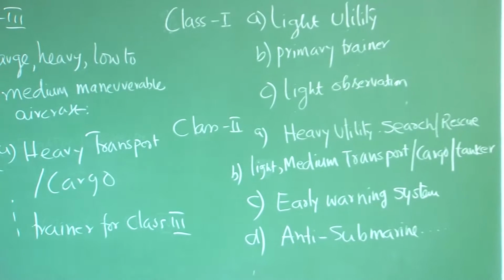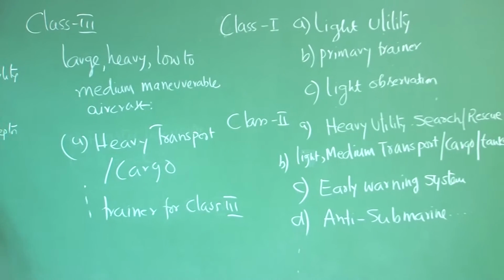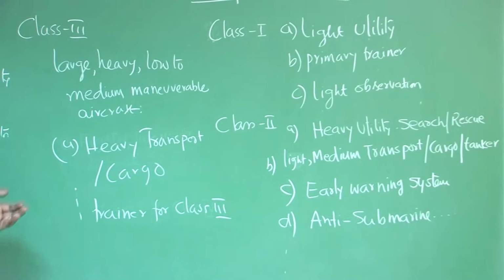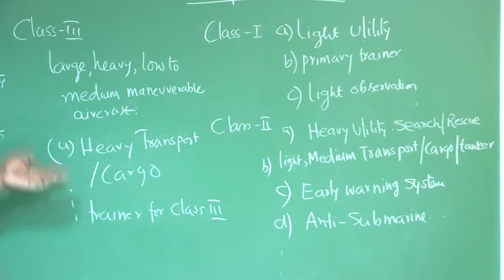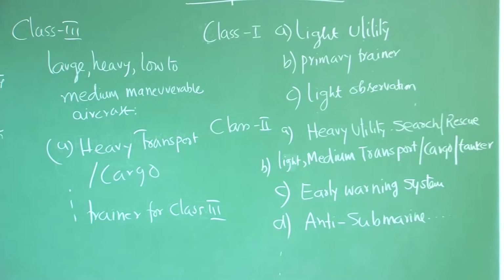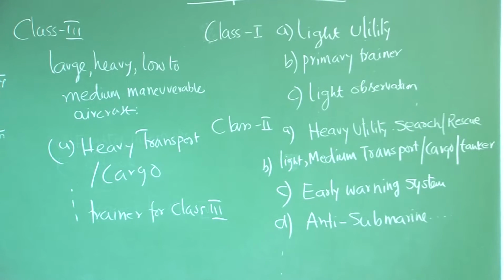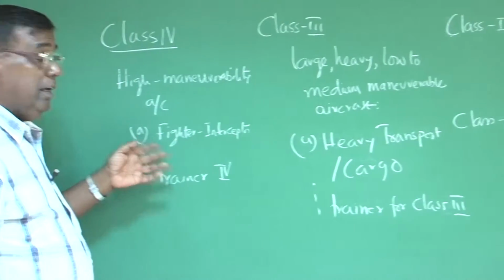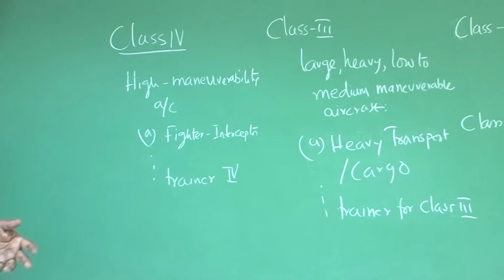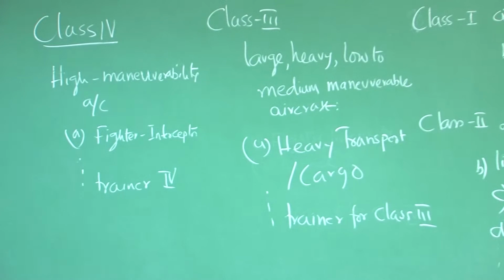In class 3, there are large, heavy, low to medium maneuverable aircraft, like heavy transport, cargo airplane, and trainer for class 3. All these types of airplane are classified in class 3. Class 4 is high maneuverability aircraft, like fighter, interceptor, the trainer of class 4. You will find many such types of airplane.